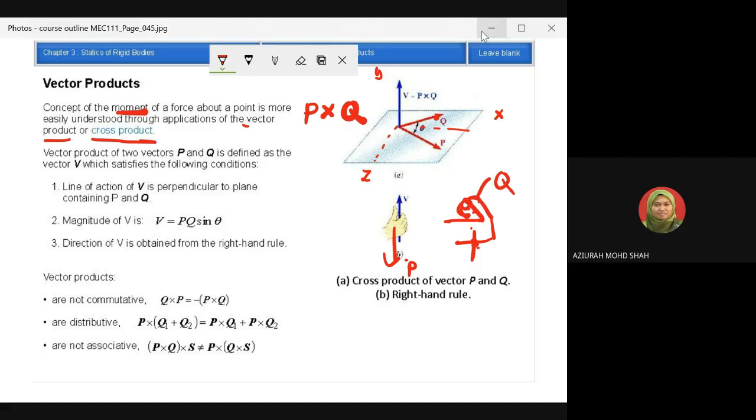Okay, macam ni. Saya tunggu. Nampak tak? Can you see me? Nampak.